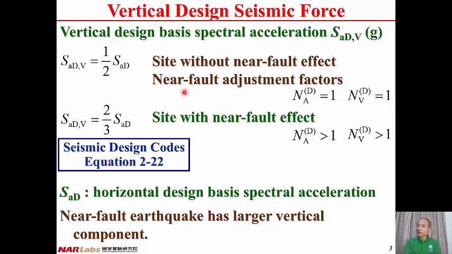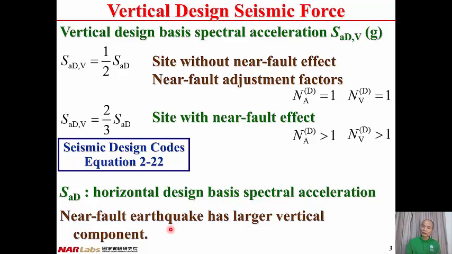Therefore, the near-fault adjustment factors, NAD and NVD, equal 1. If near-fault effect has to be considered, SADV equals 2/3 of SAD. Therefore, the vertical design basis spectral acceleration is smaller than the horizontal one. And SAD is the horizontal design basis spectral acceleration.